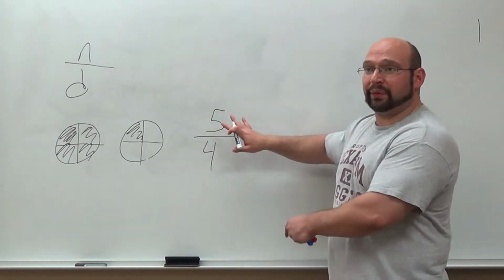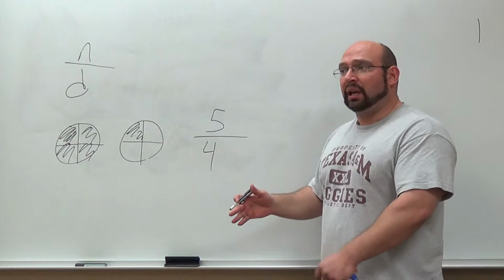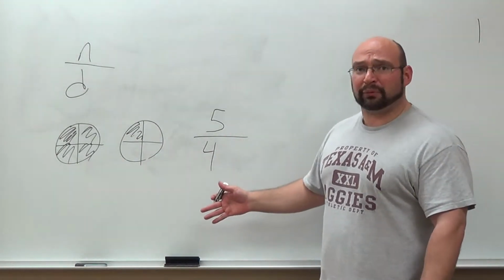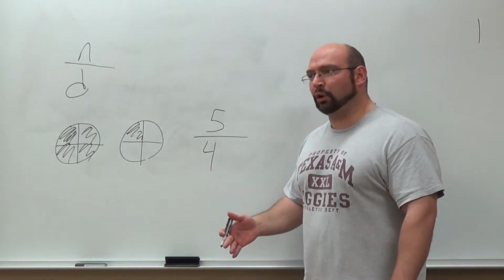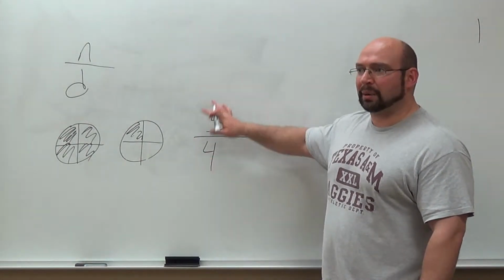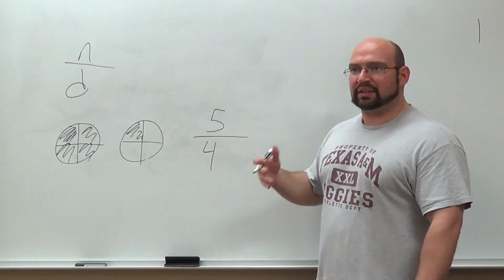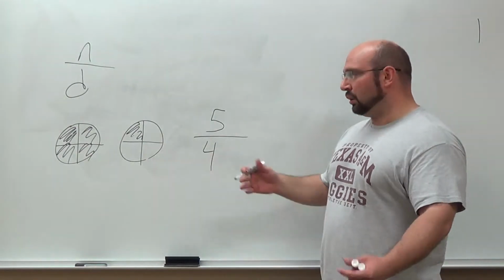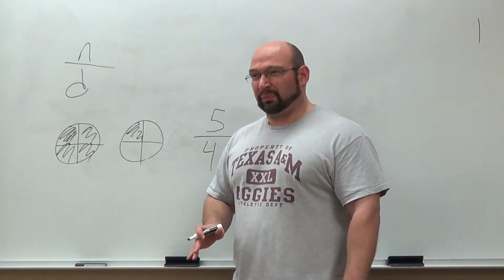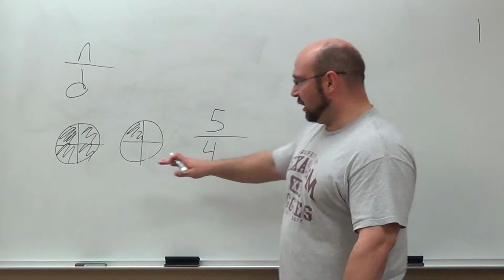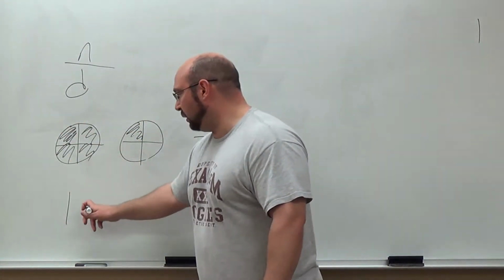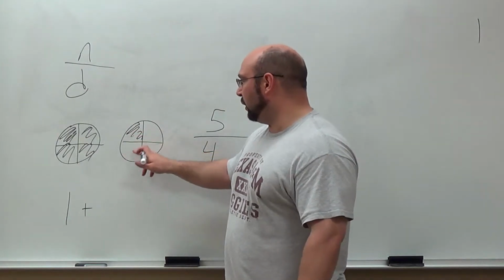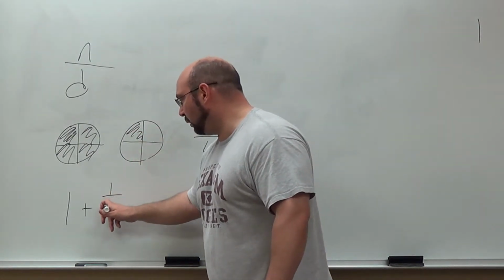There's nothing wrong with these. It's just a way to show it. Sometimes we're going to use the improper fraction, sometimes we're not. Later on when we talk about slope, we're going to keep it in terms of an improper fraction. However, in other cases, we're going to make it look mixed. The other way to do this is to say I have 1 and 1 out of 4.